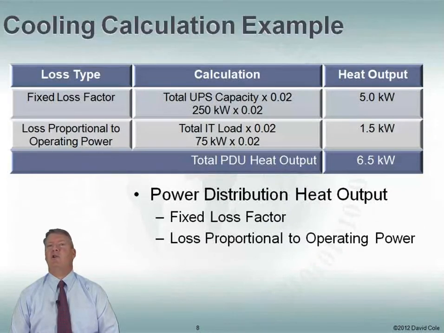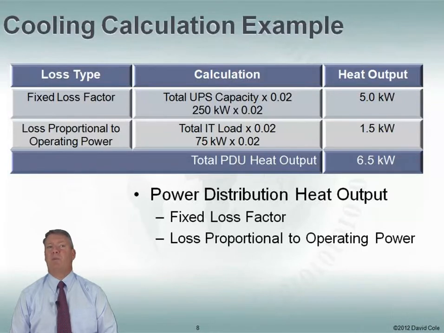Let's look at the power distribution heat output. Again, I have a fixed loss factor and I have a loss proportional to operating power. I take my total UPS capacity and multiply that by 0.02. So 250 kilowatts multiplied by 0.02 gives me 5 kilowatts of heat output.